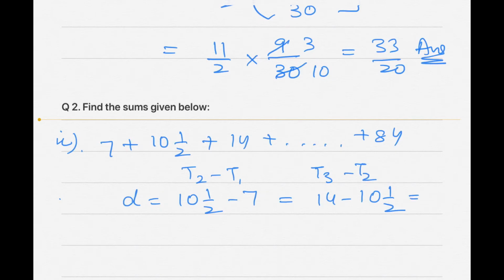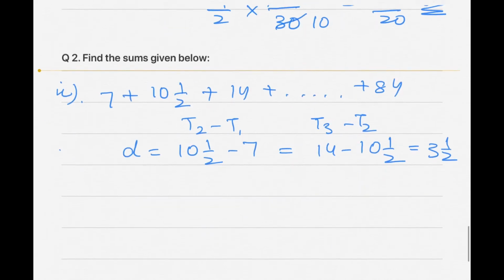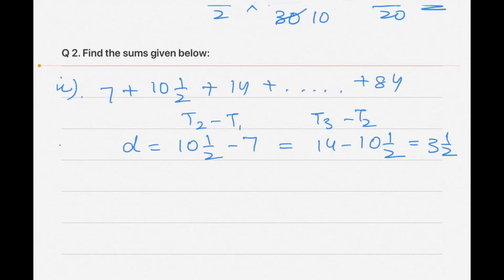So in both cases I'm getting 3.5, right? Or I can write it as 7/2 also. So fine, I'm getting this as my D. So yes, they are in AP. First, because they have not mentioned in the question whether they are in AP or not, I have to mention that they are in AP.